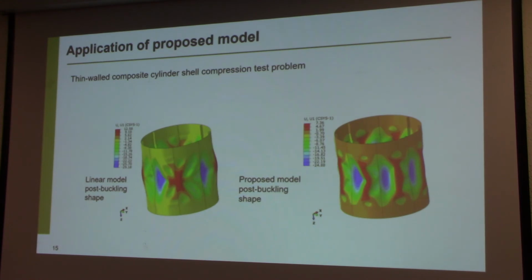This is a demonstration of influence when we apply linear model and proposed model for the problem of buckling prediction. As you can see, the deformations and buckling shapes are completely different, and of course it has to impact failure analysis.